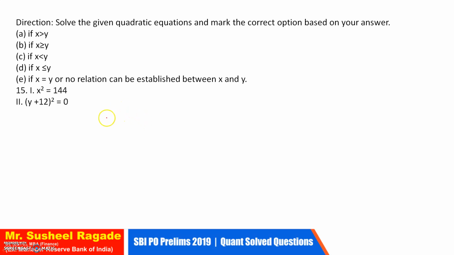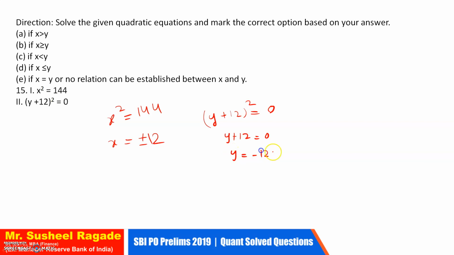Here x square is equal to 144, which means x is equal to plus or minus 12. Square of 12 is 144. And for y, (y plus 12) square is equal to 0. That's why y plus 12 is equal to 0, so y is equal to minus 12.